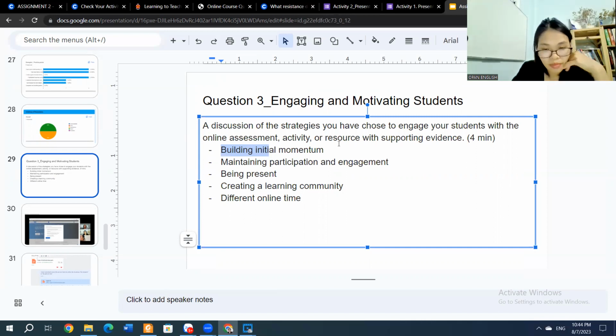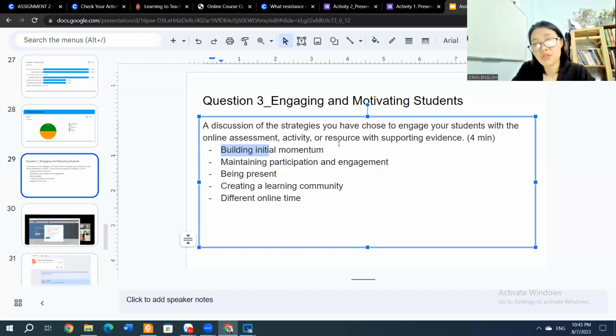The second thing is about maintaining participation and engagement. Participation is also important in the students' learning process. My students have full-time jobs, so they are busy. They don't really have much time to study for two hours or four hours.